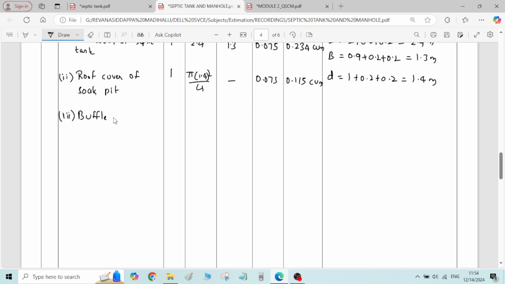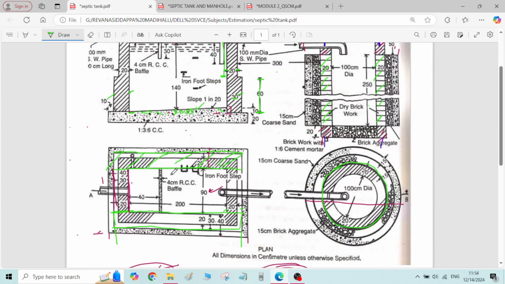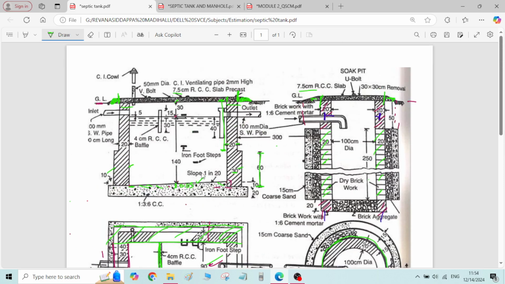Then the third RCC member is baffle wall. Number is 1. One number of baffle wall is there. Coming to the length, width and height of the baffle wall: length you will get in the plan, this is the length of the baffle wall. How much is it? 90 centimeter. Coming to the width, here it is mentioned 4 centimeter RCC baffle wall.